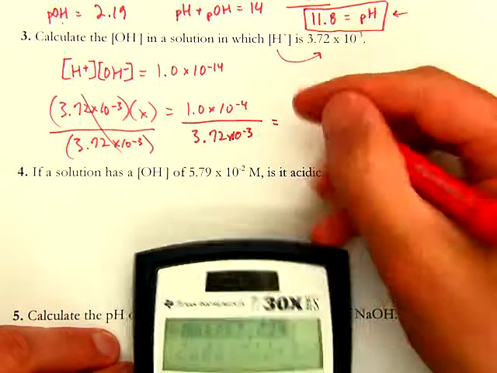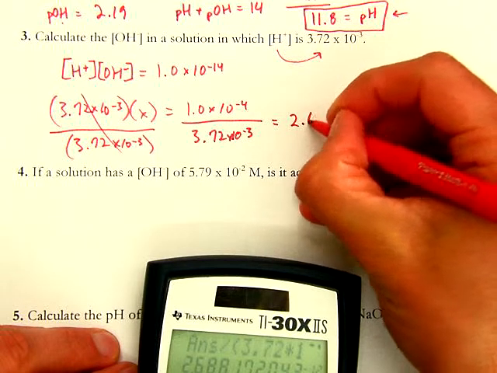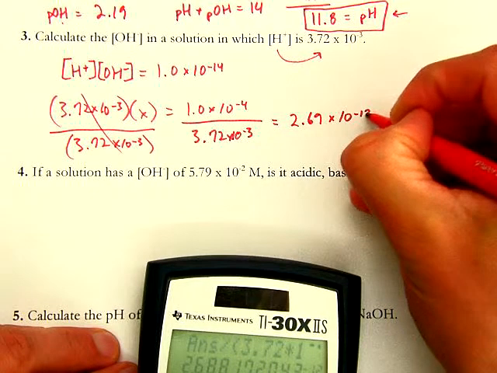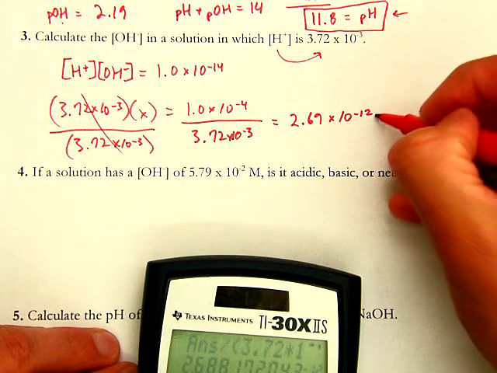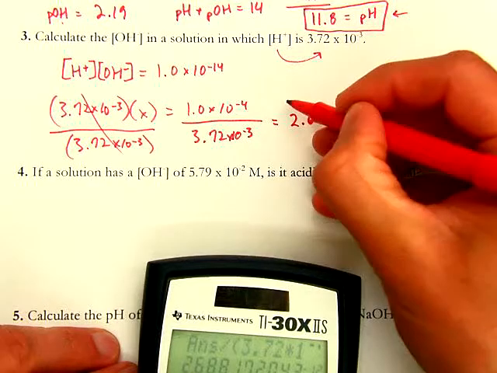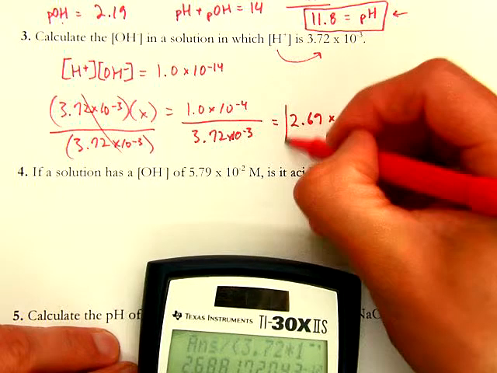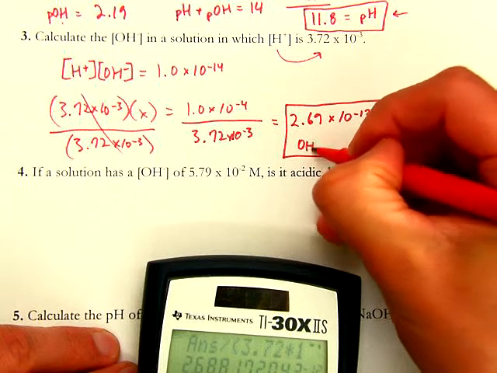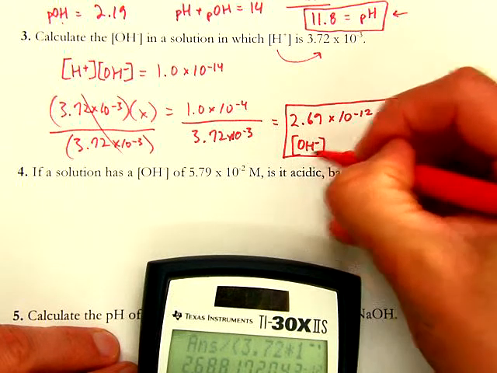I get 2.69 times 10 to the negative 12. And this is a concentration, so it's going to be molarity. This is our concentration of OH, right? Concentration of OH is what we're solving for.